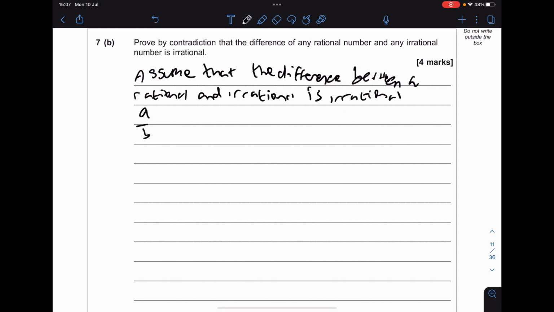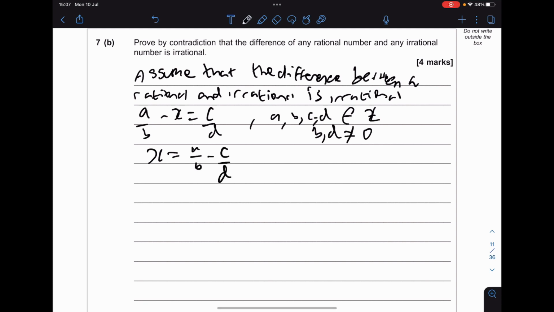So A over B minus X is some C over D, where A, B, C, and D are all integers. We should be familiar with a set of integers by now. And that B and D cannot be 0, where X has to be irrational. Rearrange for X, that's A over B minus C over D, which is AD minus BC over BD, which is rational.